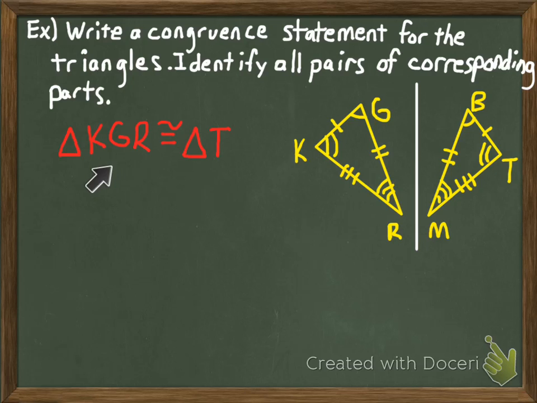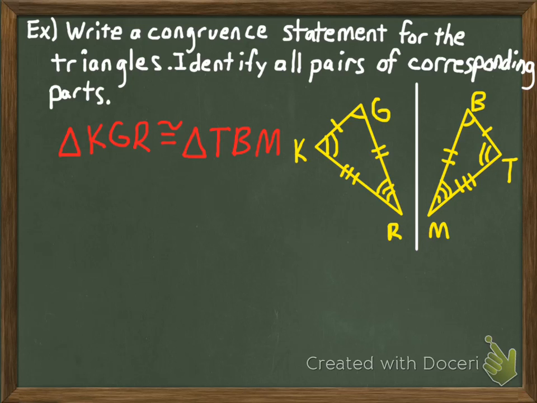Similarly, I put angle G in the middle of the name for triangle KGR. That was arbitrary. But since I put it in the middle, I need to put its corresponding angle, B, from the other triangle in the middle as well. And then angle R from the first triangle corresponds with angle M, right? So we would say that triangle KGR is congruent to triangle TBM. As long as the corresponding parts are in the same order, it doesn't matter what you call the triangles. So that's a congruent statement.